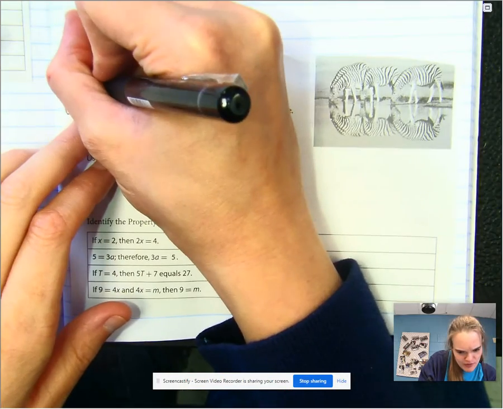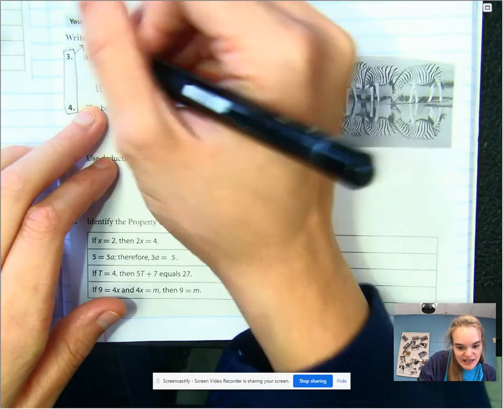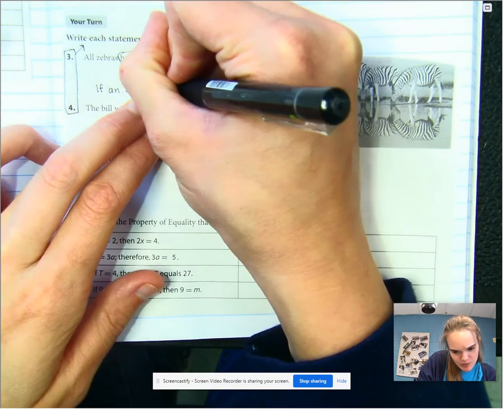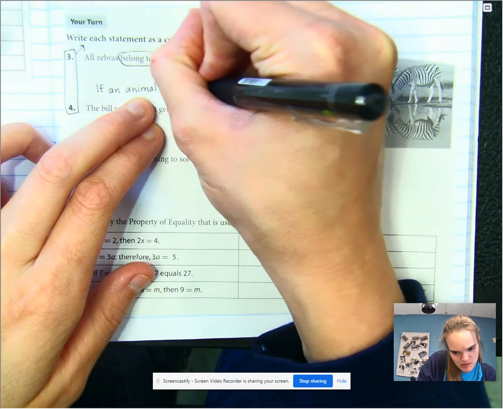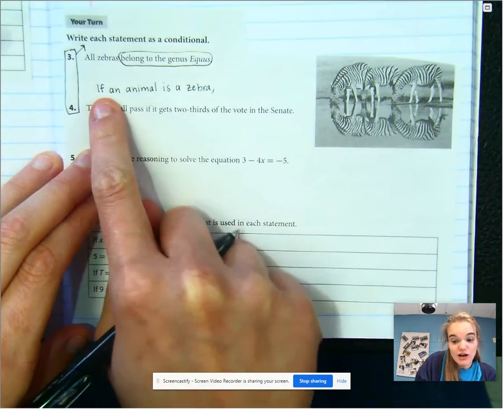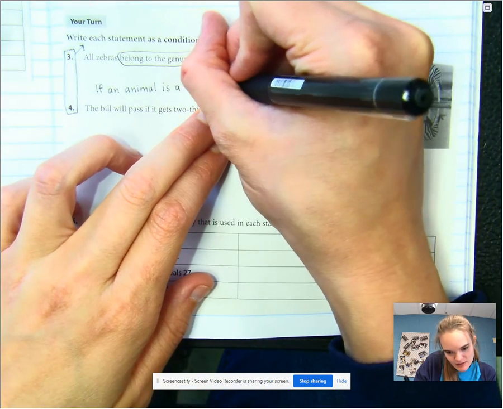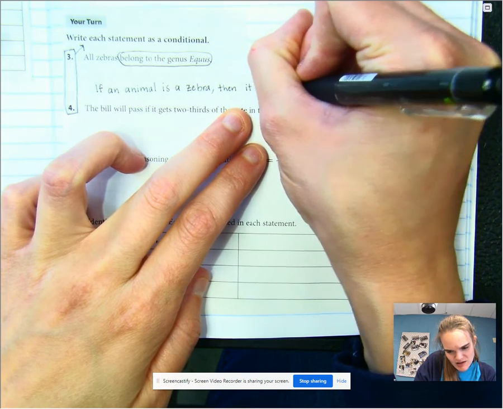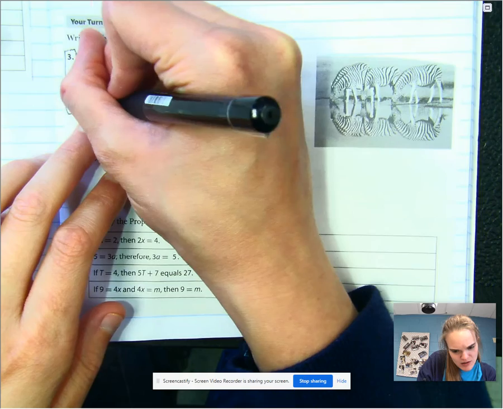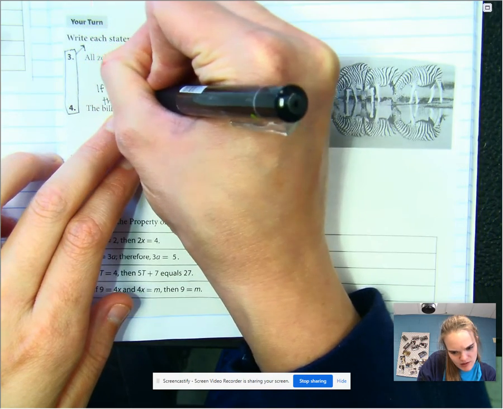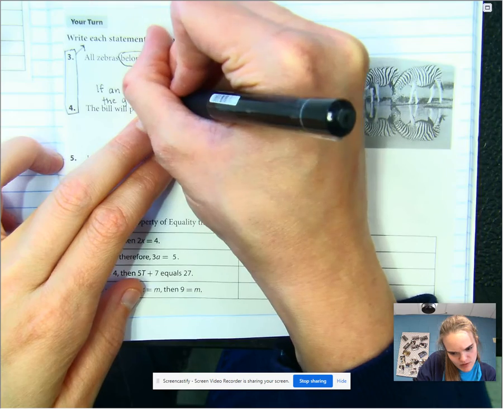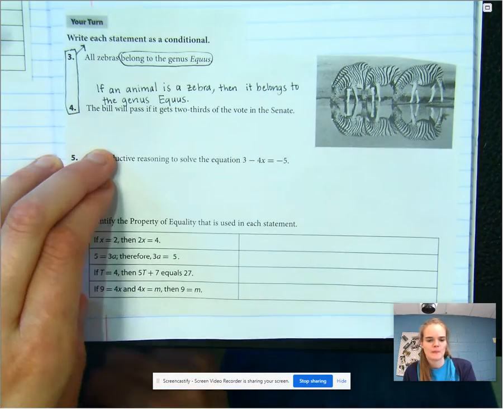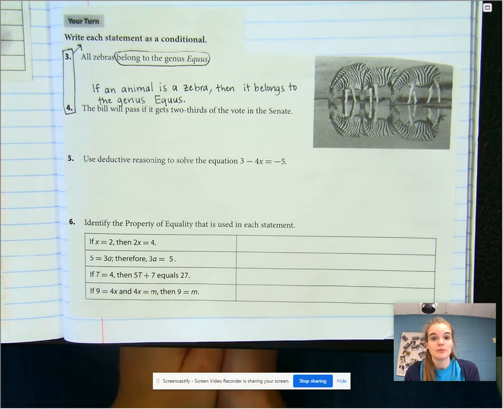So let's start with if an animal is a zebra, here's our hypothesis, then it belongs to the genus Equus. Here's our conclusion, okay? Pause the video and try number 4 on your own.